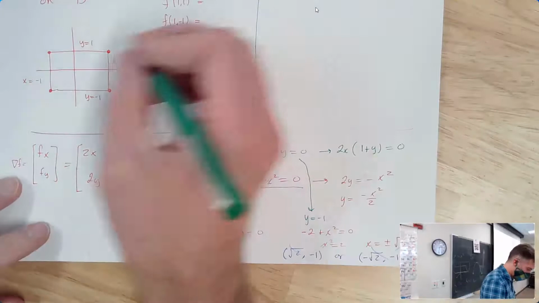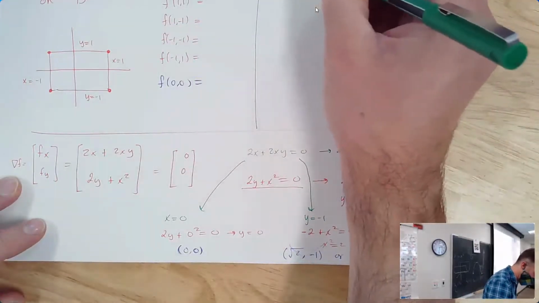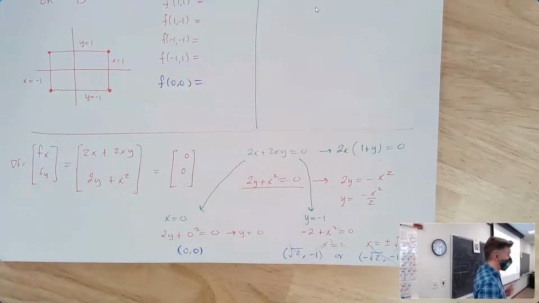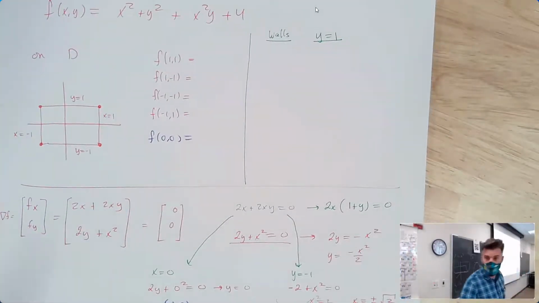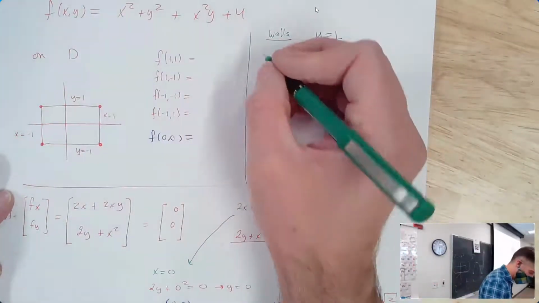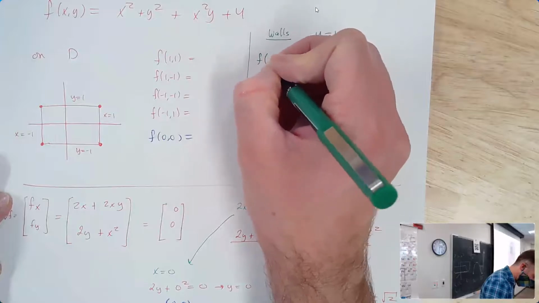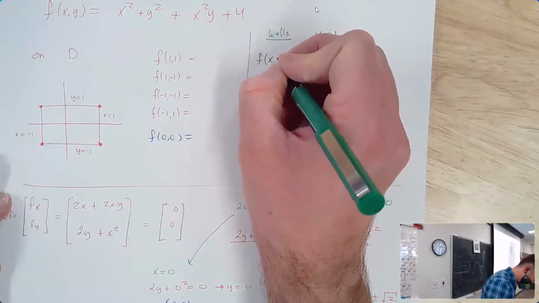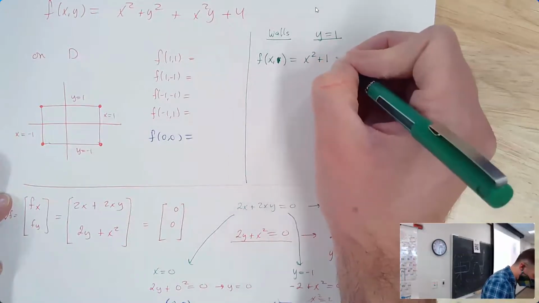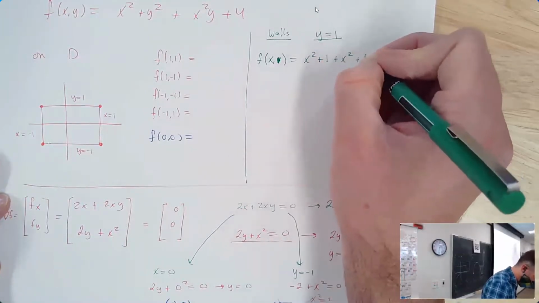Let's start with y equals 1. That's one of our walls. For y equals 1, we're just going to plug in y equals 1. So when we plug in y equals 1 to the original function, we get f of x comma 1, and it's going to be x squared plus 1 plus x squared plus 4.